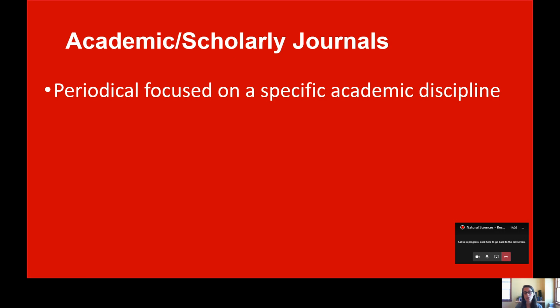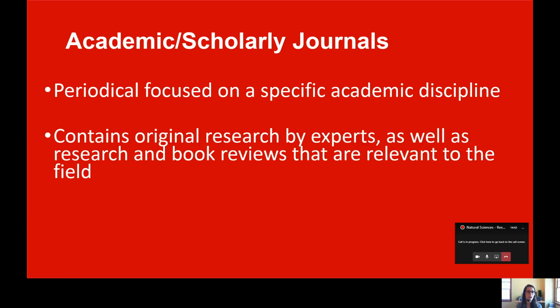An academic or scholarly journal just differs in that the audience is different, right? The audience of an academic journal is an academic audience in a particular field. And of course, those that are writing the articles are experts within that field or in that academic discipline.